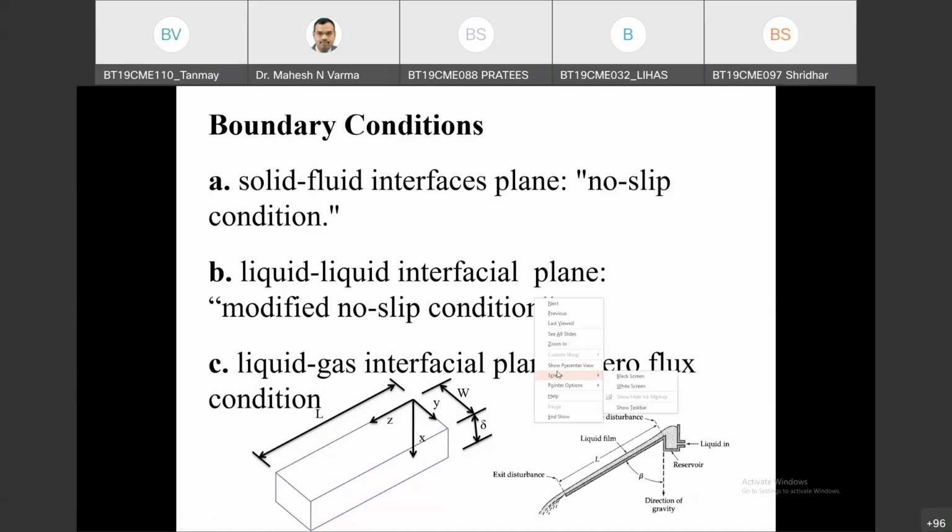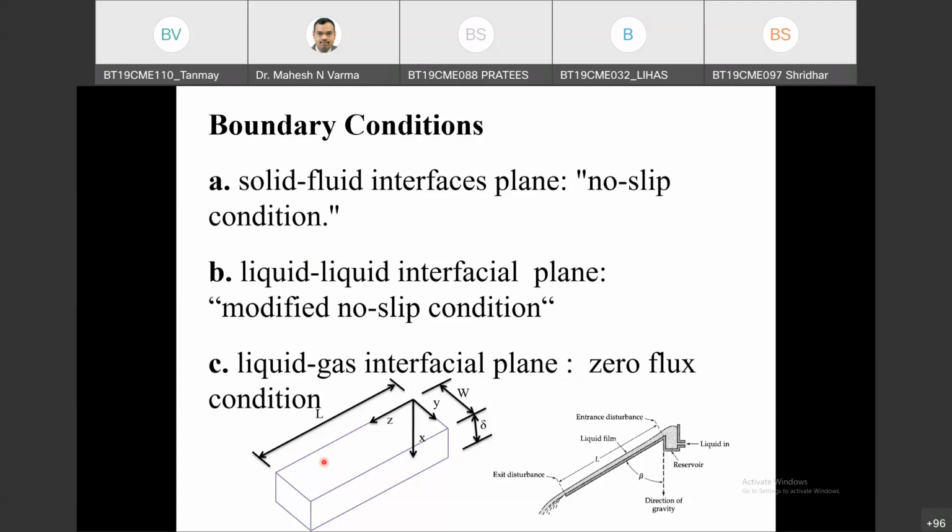If you go to our figure, this is the top layer where I have the gas liquid interface, where the flux will be equal to 0. This is happening because there will be continuity of flux at the fluid interface, and the viscosity of the gases is very small compared to the viscosity of the liquid.